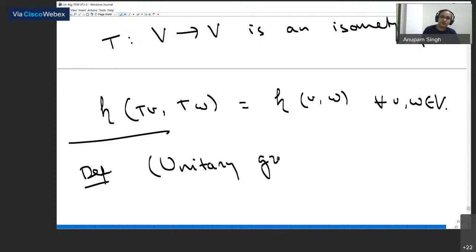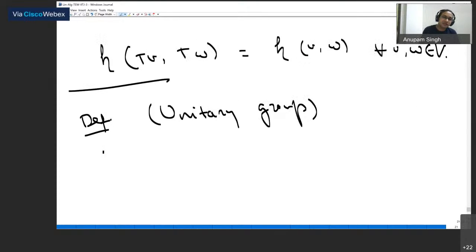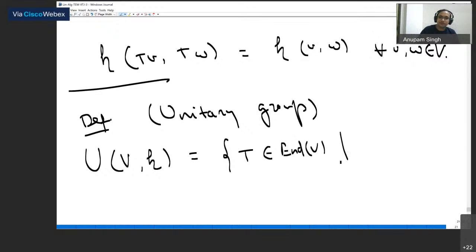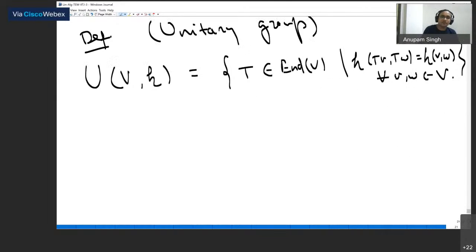I'll denote it by U(V, H), the set of all those endomorphisms which preserve the form H. H of TV, TW is H of V, W for all V, W, right? So this is the unitary group.